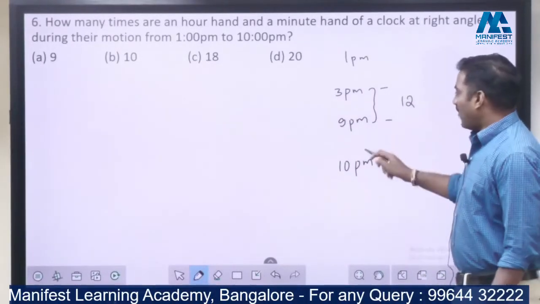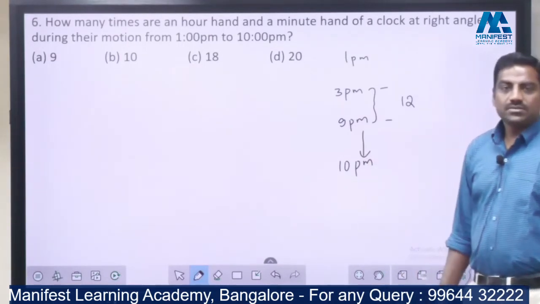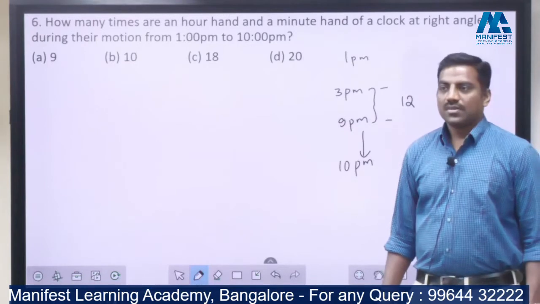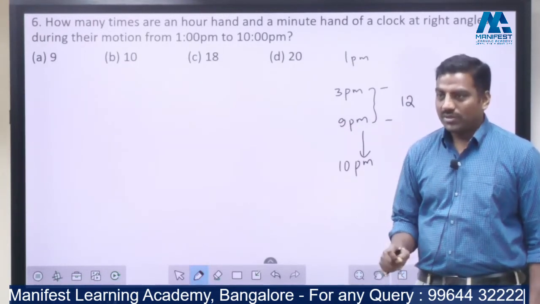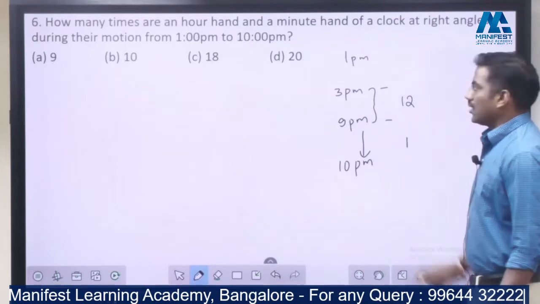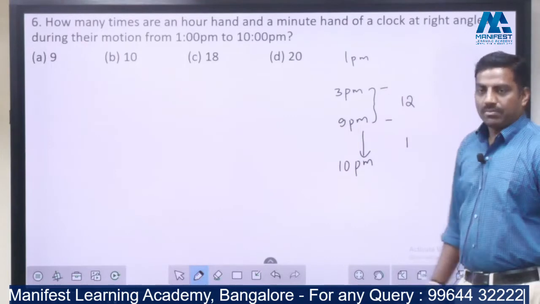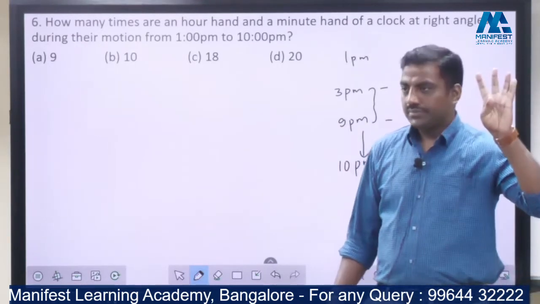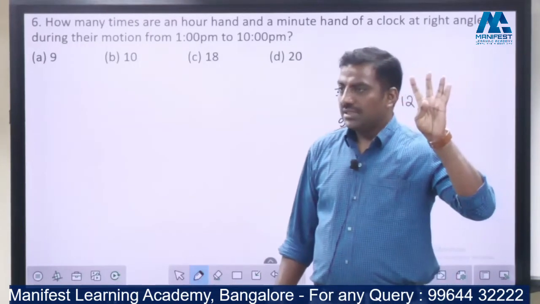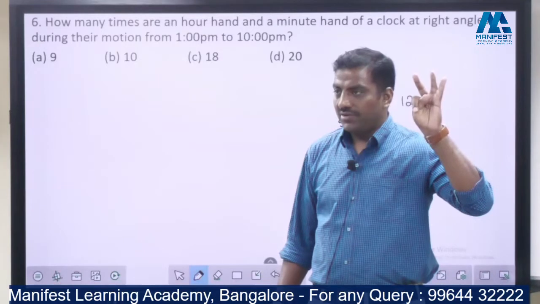Now, after 9 p.m. to 10 p.m., how many times? 1 time. Somewhere close to 9:35. So 1 time. Then, between 1 p.m. and 3 p.m., somewhere close to 1:20 for the first time. Then somewhere close to 1:55.